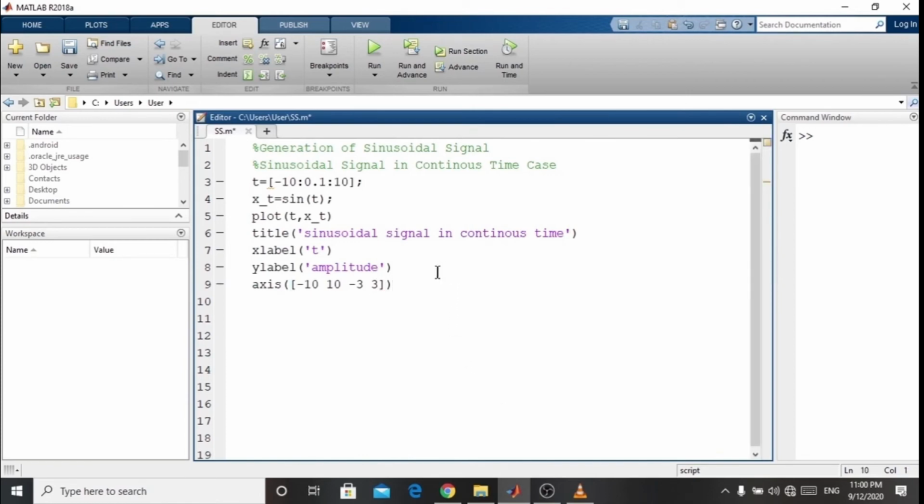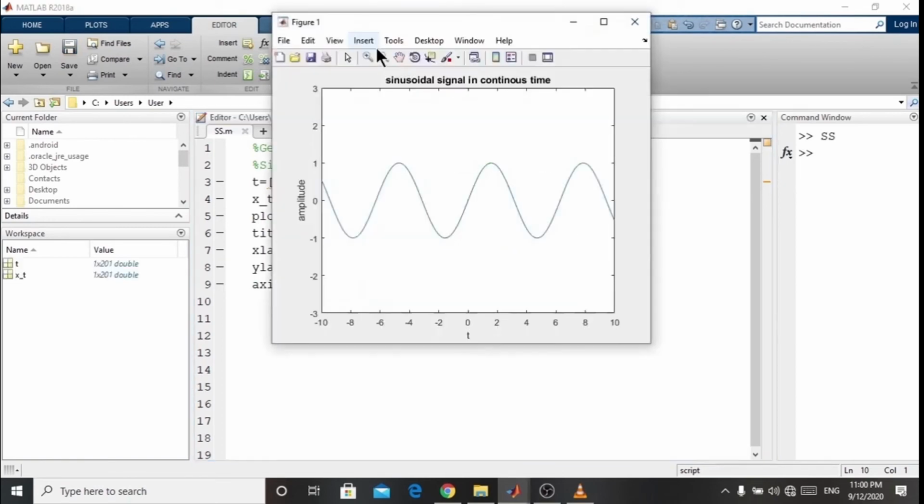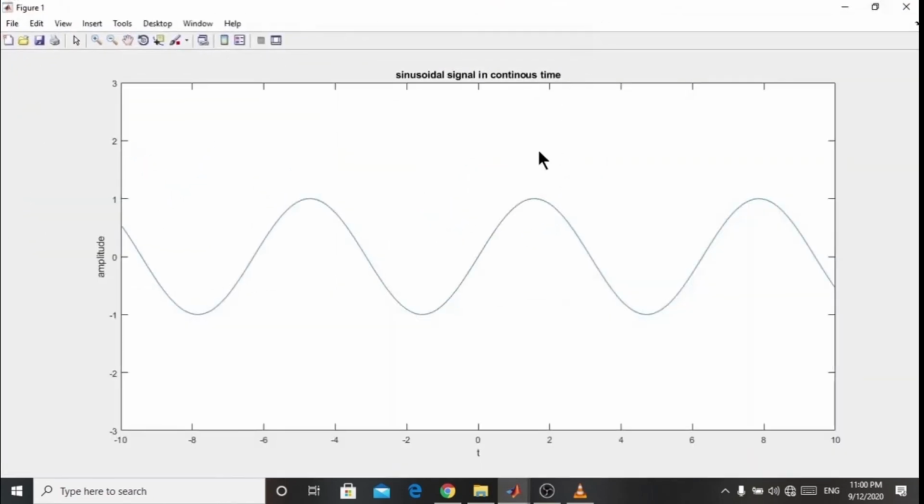Now let's run the code and look at how the graph will look. So this is how the sinusoidal continuous-time signal will look, and how it has to be produced.